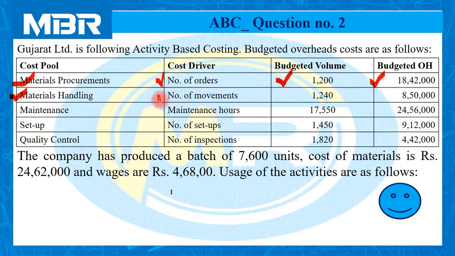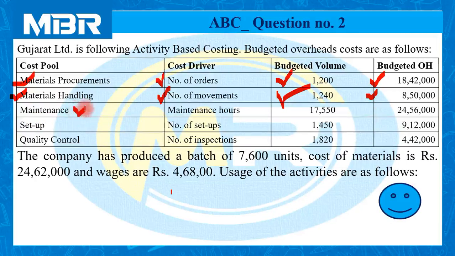The perfect cost driver applicable to this activity is the number of movements. 1240 movements are expected during the year and 8,50,000 is the estimated expenditure on materials handling.